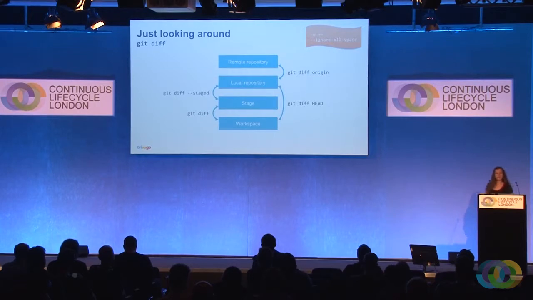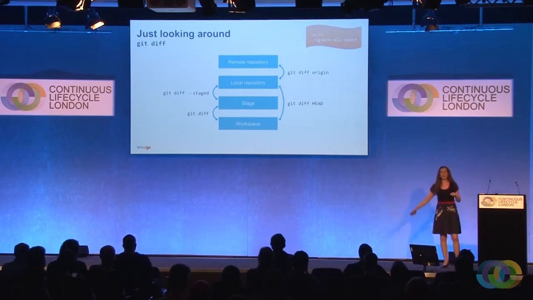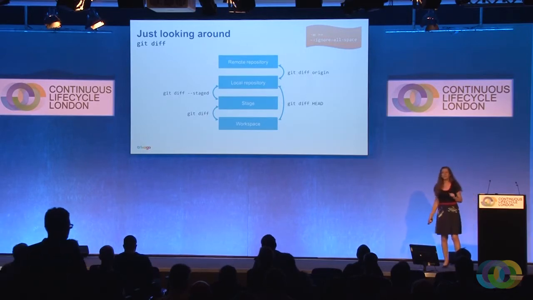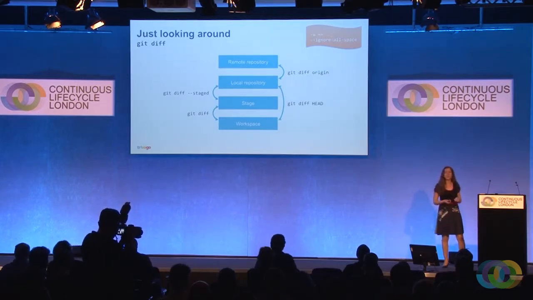So if you just want to have a look around, you use git diff. By the way, whenever you see a flag, that's a command line flag. Excuse the pun. The -w flag is very handy if you have those wars between your colleagues, tabs versus spaces and stuff like that. You don't see all that. You only see the actual changes.